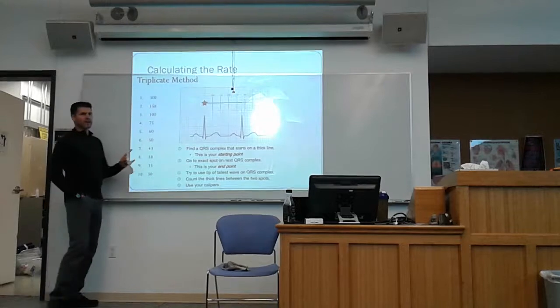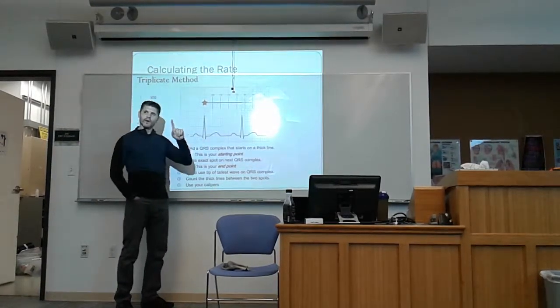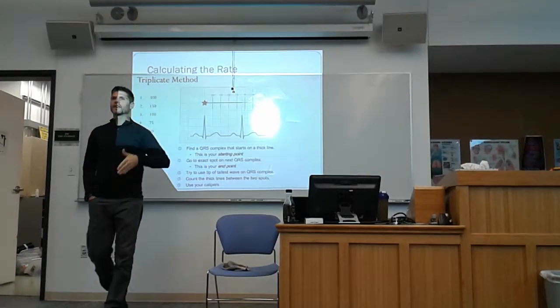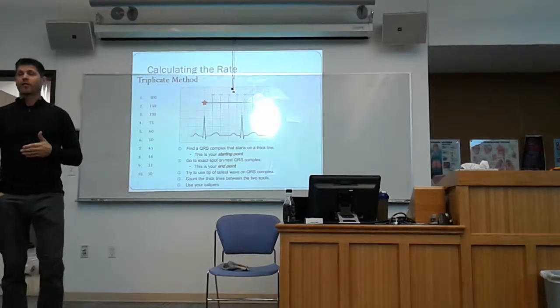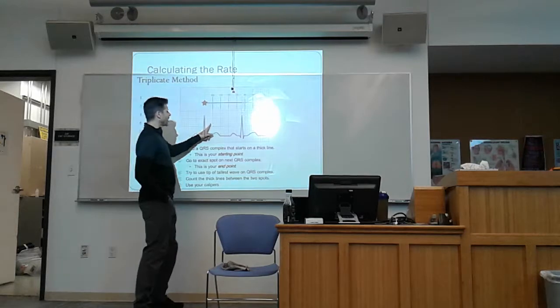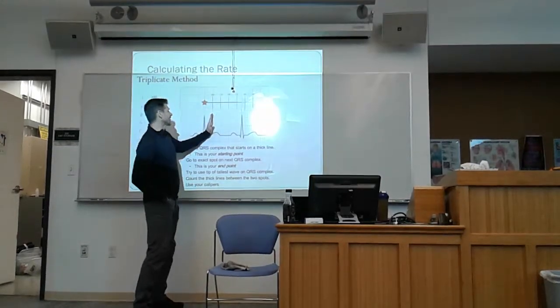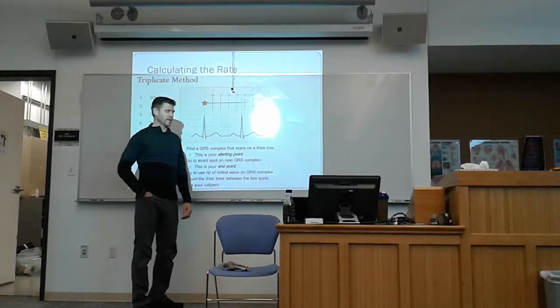So if I'm looking at my QRS complexes, if I have a QRS complex that falls exactly on one thick box line, and I'm looking at only the thick box lines right now, if my next QRS lands on the next thick box line, then I can just memorize what that rate would be.